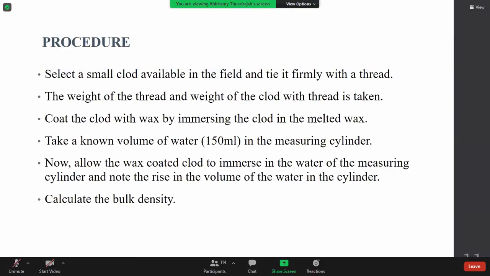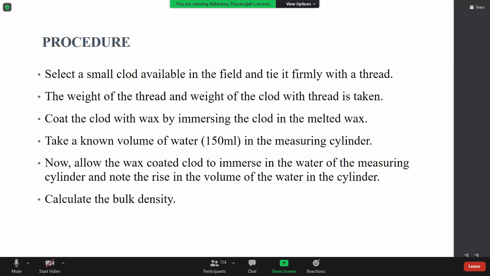If you follow this method, what are the things that you want? If you're ready to do this practical, what are the things you want to have ready? The things are included in the steps. You want your measuring cylinder. What are the other things? The main thing that you want: you need a clod, no?